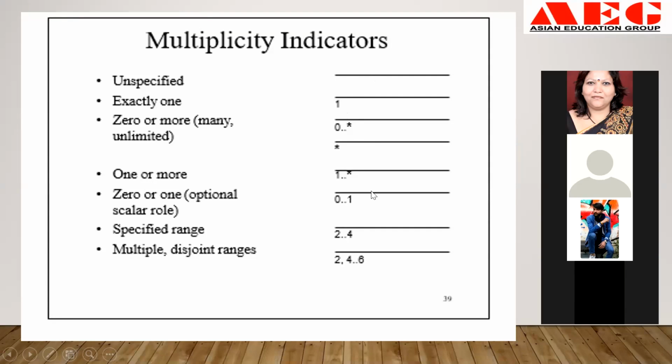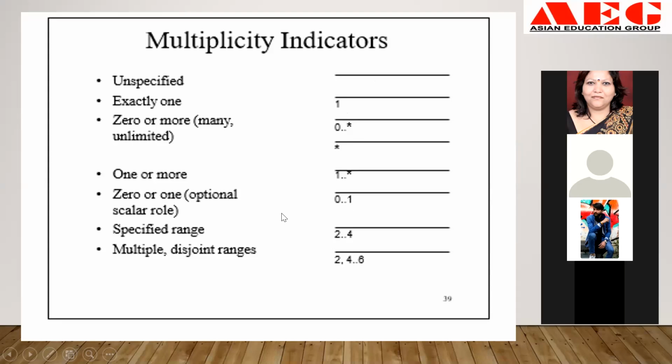1 or more means a minimum of 1 is required, and the maximum can be any number. 0 or 1 is optional, written 0 dot dot 1: either it will be 0 or it will be 1. Specified range: if you want to specify, the minimum value should be 2 and the maximum value can be only 4.